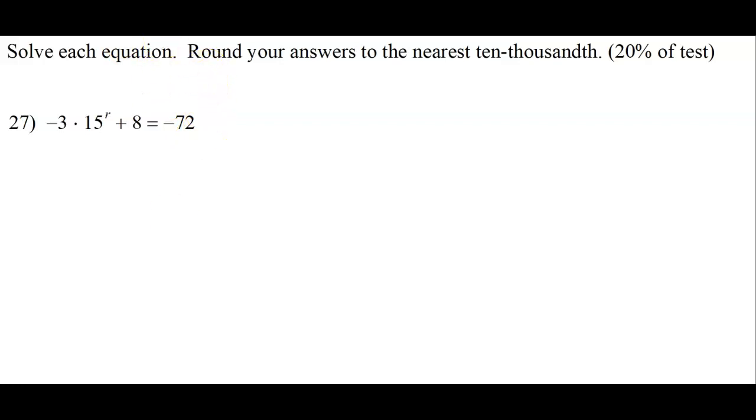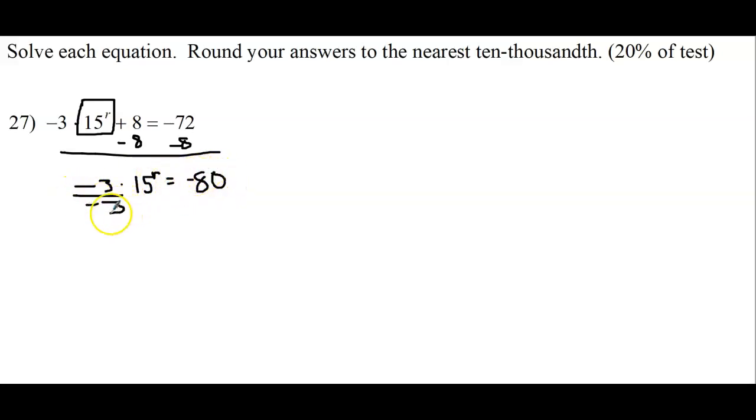Okay, number 27. What makes 27 unique is that here's my exponential part, but before I can do my logging to get rid of that, I have to get rid of this negative 3 and 8 first by just doing some basic algebra here. So we're going to start by subtracting. That gives me negative 80. Then I'm going to divide both sides by negative 3.